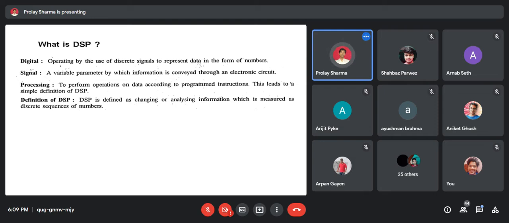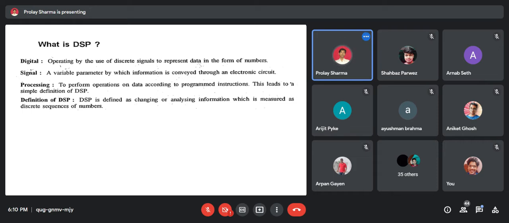So any variable parameter which varies with some independent variable is called a signal.